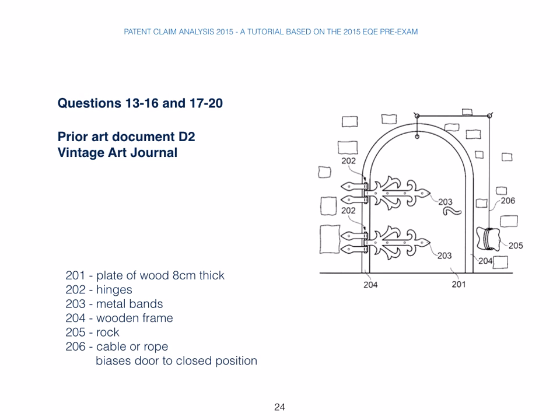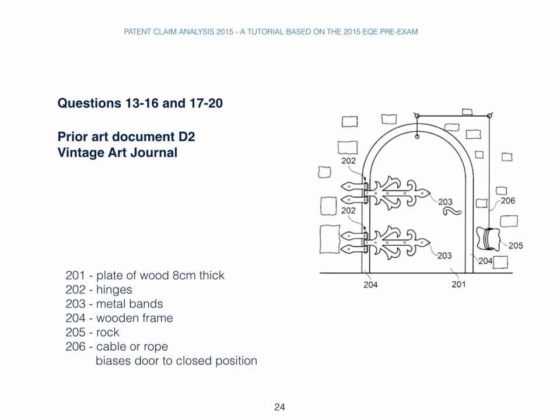Document D2 is a vintage art journal, and you can see this ancient door. I've put down the names of the elements on the slide. There's a lot of rubbish in this document D2, but there are some interesting parts. The door is made of a single piece of wood having a minimum thickness of 8 centimeters and very heavy.